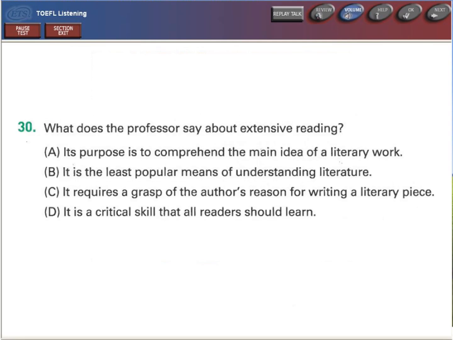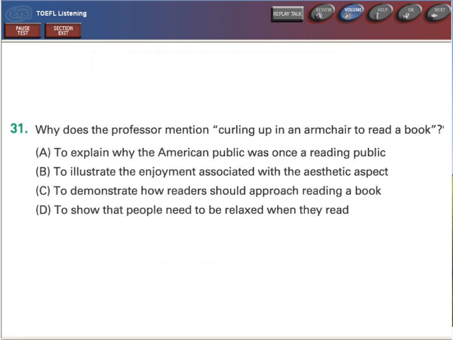What does the professor say about extensive reading? 31.